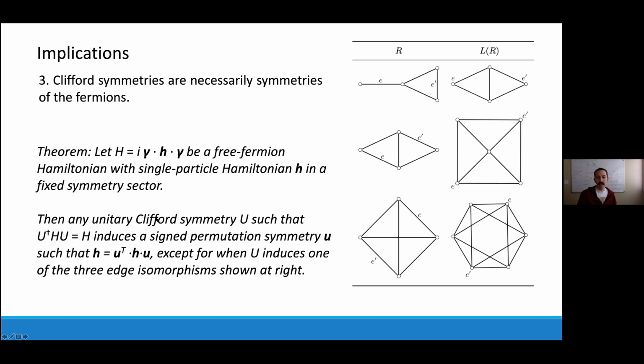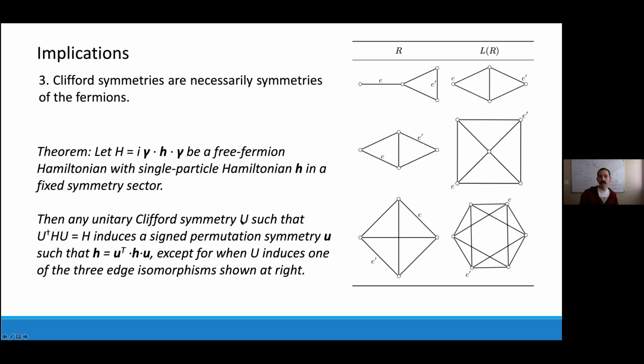Then any unitary Clifford symmetry that preserves the Hamiltonian induces a signed permutation symmetry on the single particle Hamiltonian, except for when U induces one of the three edge isomorphisms shown at right. So these are the exceptional cases to Jung's theorem that say when a vertex and an edge isomorphism aren't basically an identical thing, a unique and identical thing.